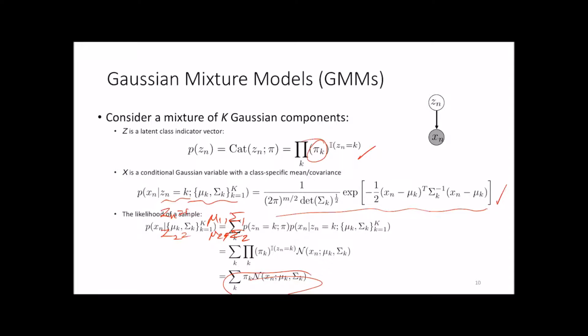There's no way that I can represent this as exp of theta transpose T of x minus A of theta, times h of x. Basically, the problem is that, of course, I can exponentiate and take a log, but there is no way that I can decompose it into a term that is only x and a linear function of some sufficient statistic and parameters.